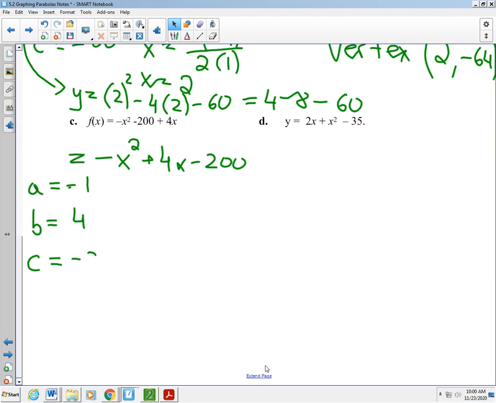So now, again, you have to memorize the equation to find the vertex. x equals the opposite of b divided by 2a. Okay? So in this case, it will be negative 4 divided by 2 times negative 1.